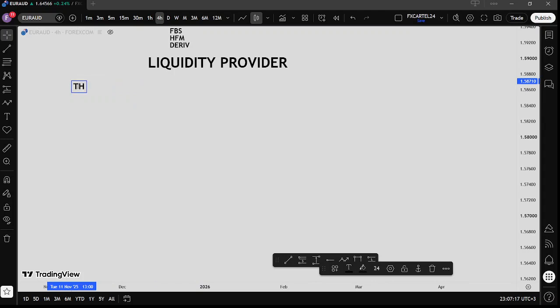This is where trades are executed after confirmation sent by a trader.